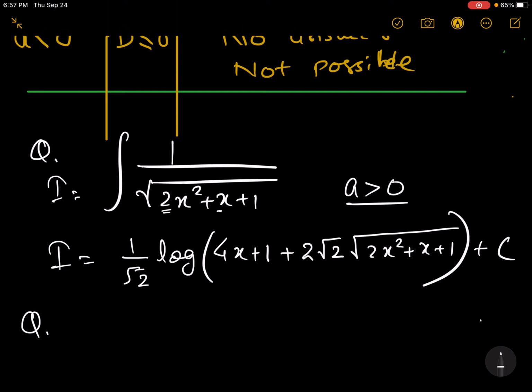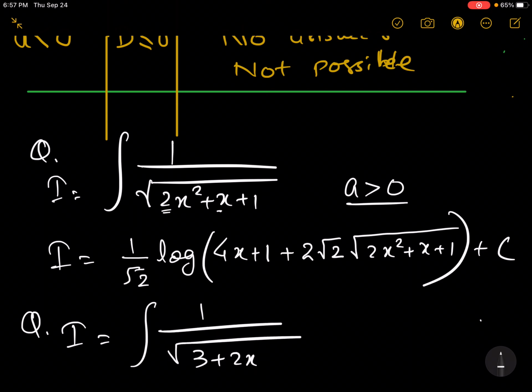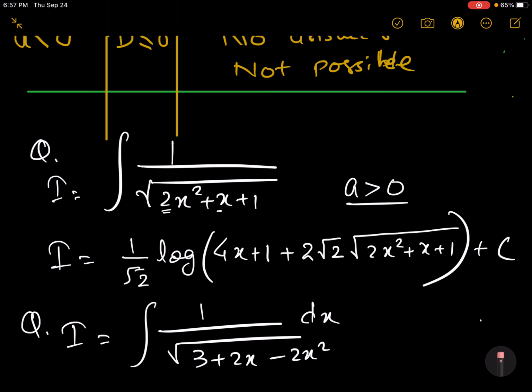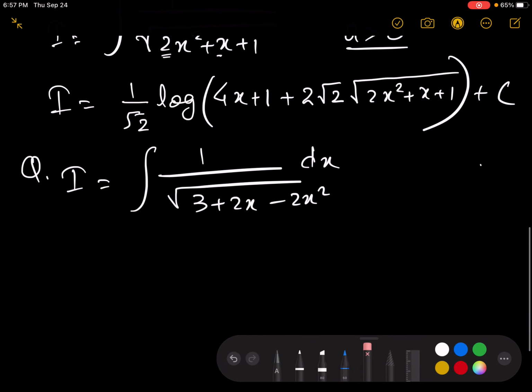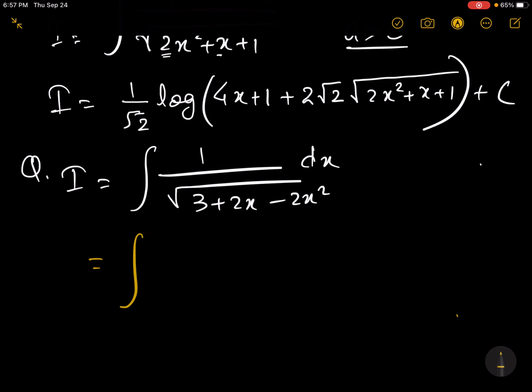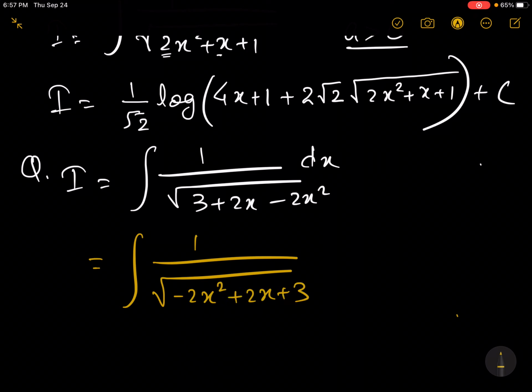Again the question is, suppose I is equal to 1 upon square root of 3 plus 2x minus 2x square. If we write this in standard quadratic form, this is equal to 1 upon square root of minus 2x square plus 2x plus 3.